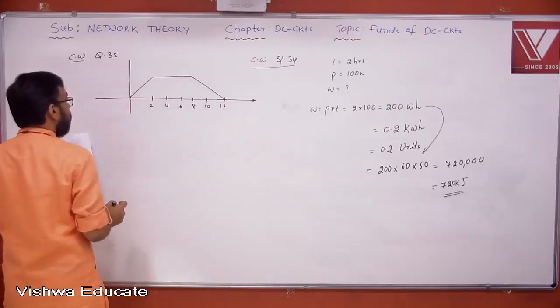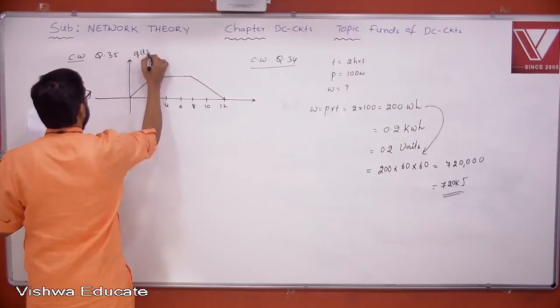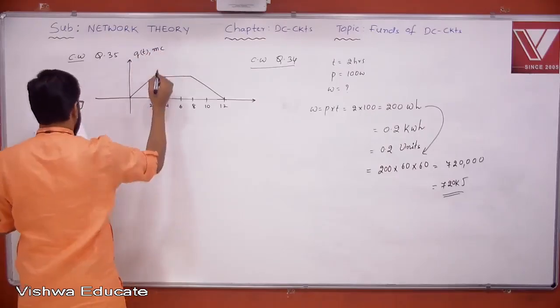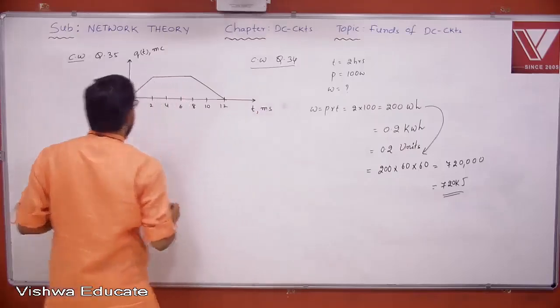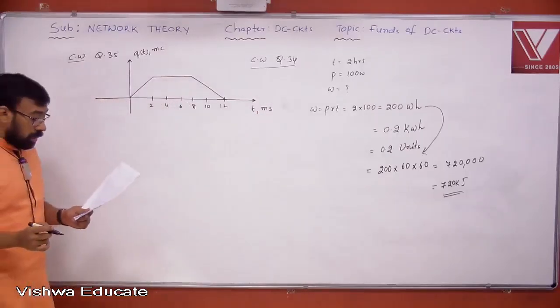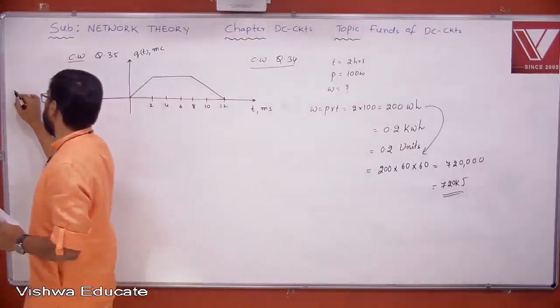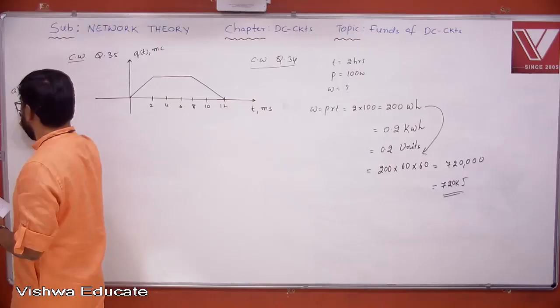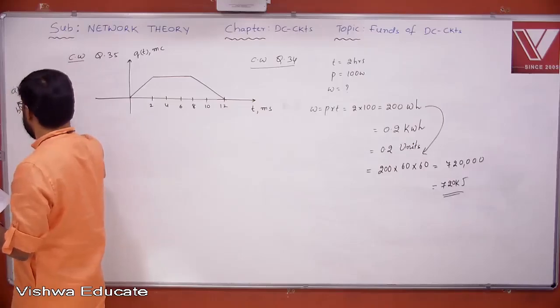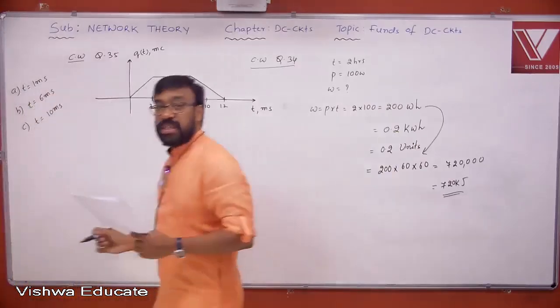Find the current at A, t equal to 1 millisecond, B, t equal to 6 millisecond, C, t equal to 10 millisecond. Understand all of you, okay?